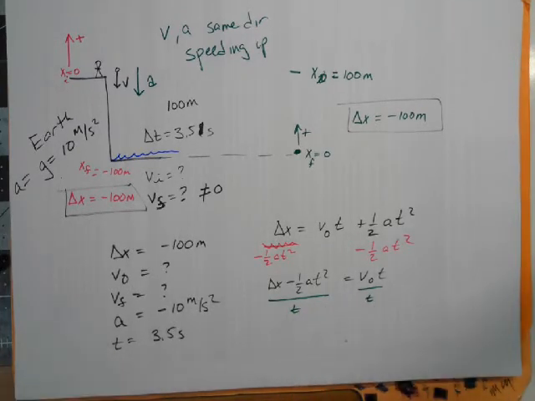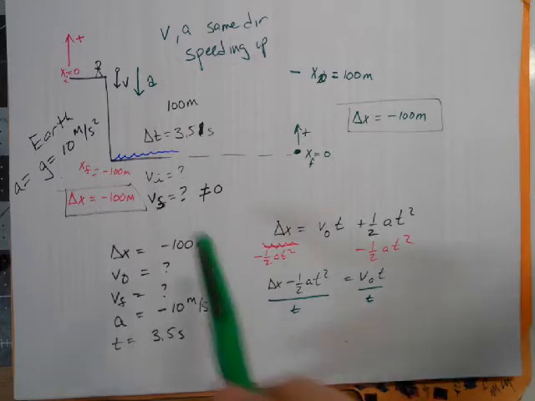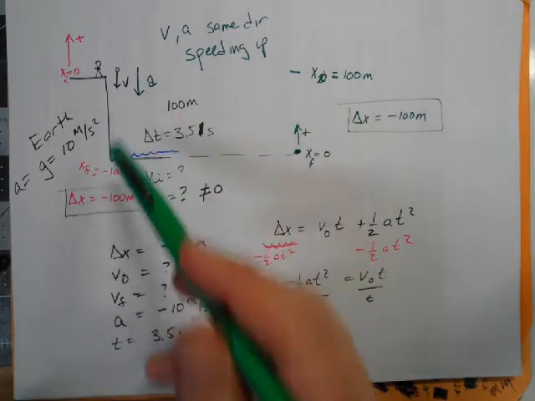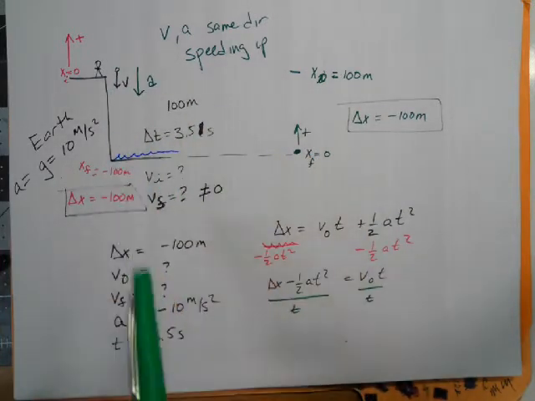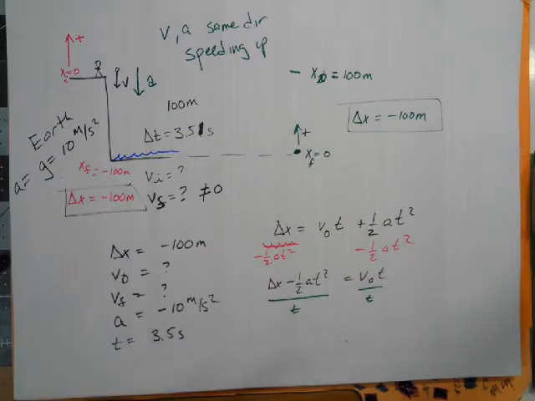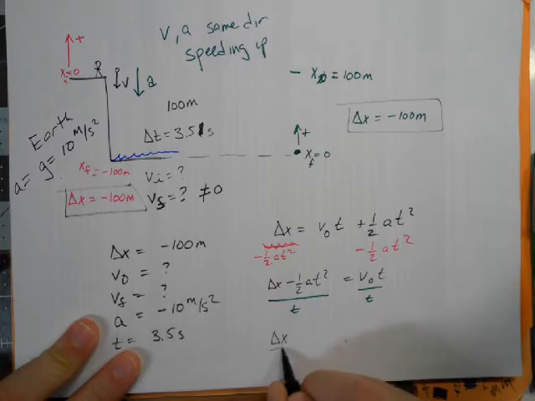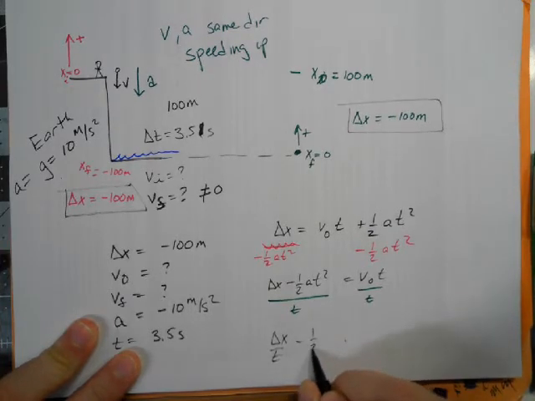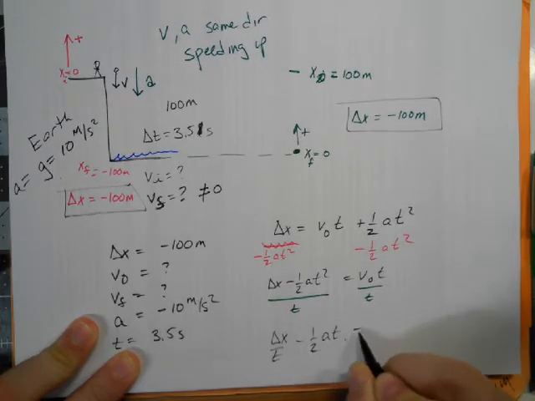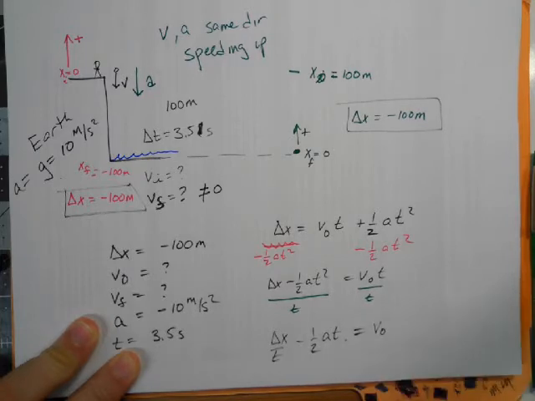And we want to be careful that if we're ever solving an equation where we think one of the solutions might be time is 0, we want to make sure we're not dividing by 0 anywhere. Here, we know it has to fall, and it takes some elapsed time. We're told what it is, so we're okay. So what we'll have is delta x over t minus 1/2 at is v naught.